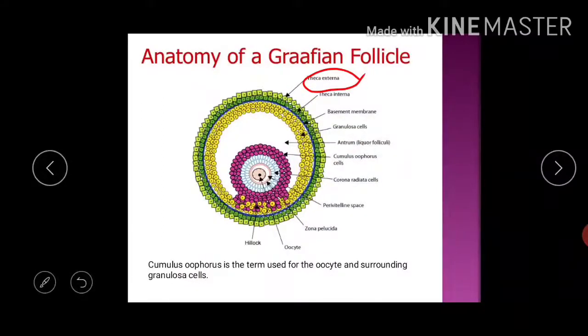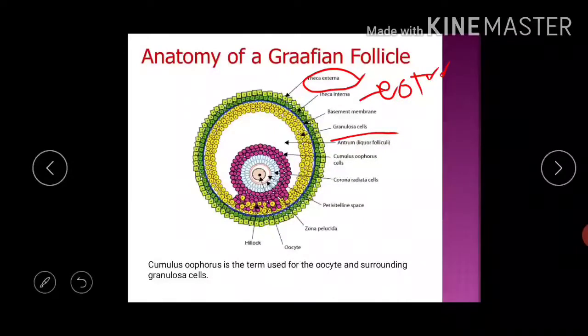Inner to the theca externa there is the theca interna, which produces the hormone known as estrogen. Inner to the theca interna, the follicular cells form the membrana granulosa. See that, I'll show you here. If you observe, inner to the theca interna, the membrana granulosa is present.